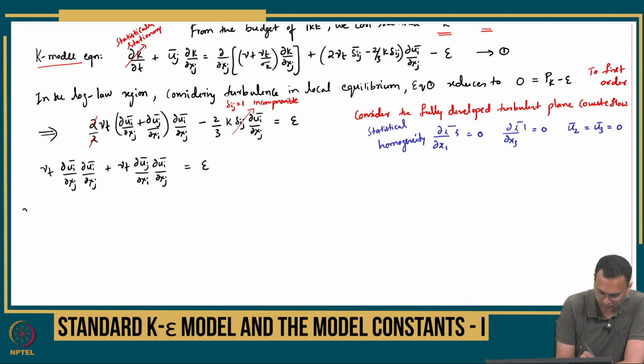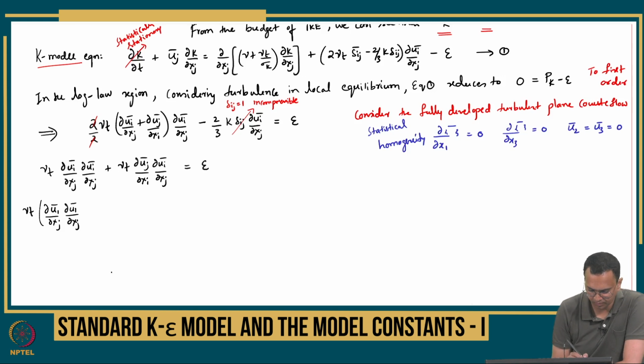So I get ν_t times, if I expand, let us set i equal to 1 now, ∂u1 bar/∂xj, ∂u1 bar/∂xj, plus, expanding in i, a sum of 3 terms: ∂u2 bar/∂xj, ∂u2 bar/∂xj plus ∂u3 bar/∂xj, ∂u3 bar/∂xj.